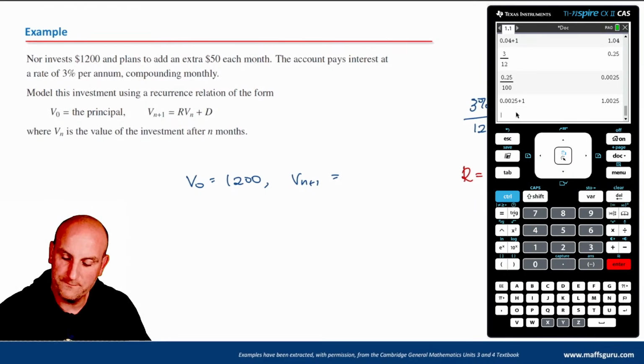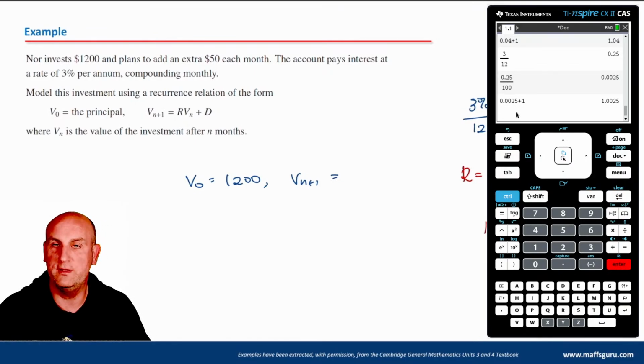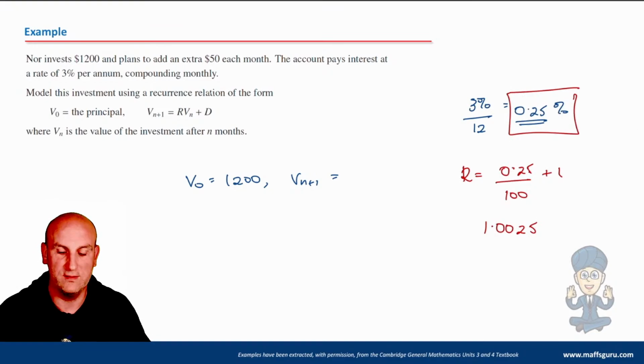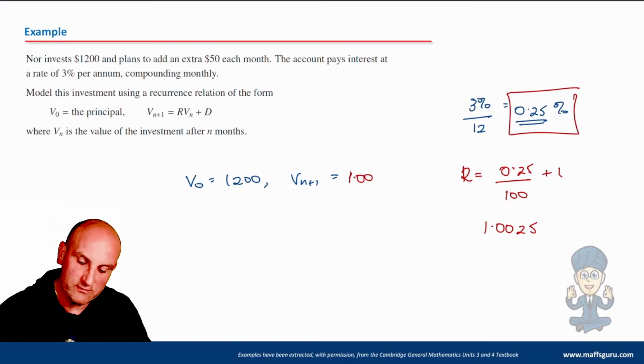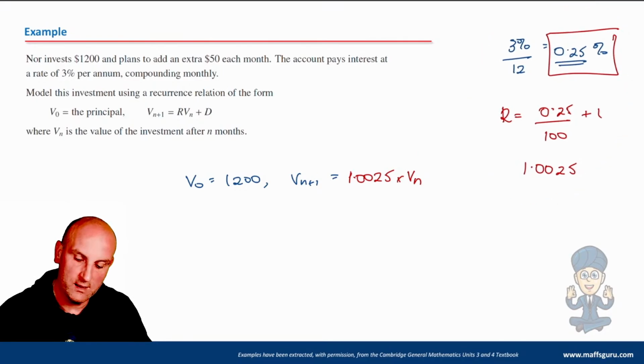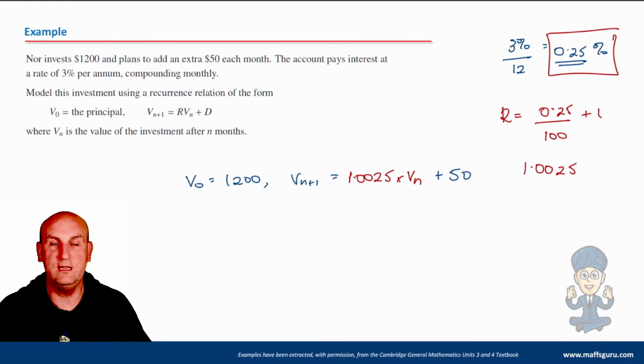That gives me 1.0025. So I write 1.0025 times V of n. And because they are making regular additions to the principal, I'm going to therefore add on $50 each month. Thank you very much.